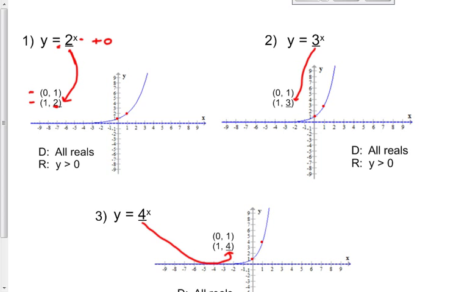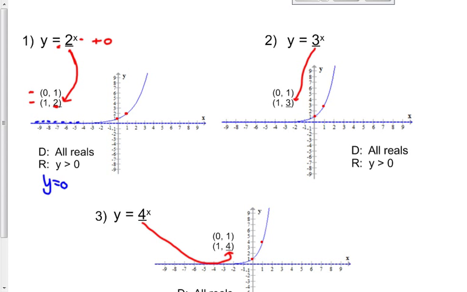So I can plot these 2 points on my graph, 0, 1, 1, 2, and then I can draw my curve. Now exponential curves always start slow and then take off high fast. So it's called a slow rising curve. Now since I have 0 here as my k value, that means my asymptote line will be drawn in at y equals 0.